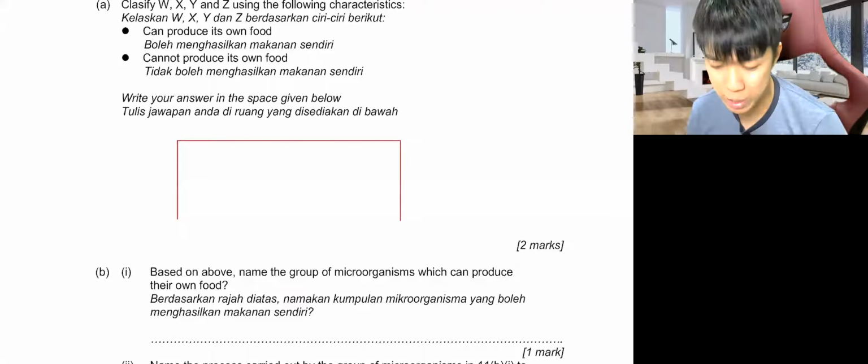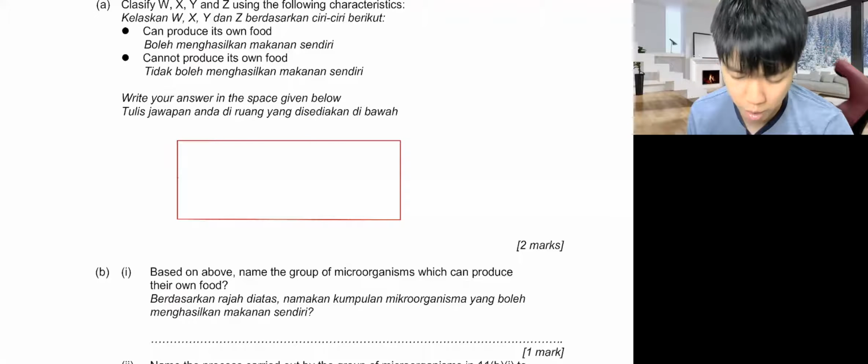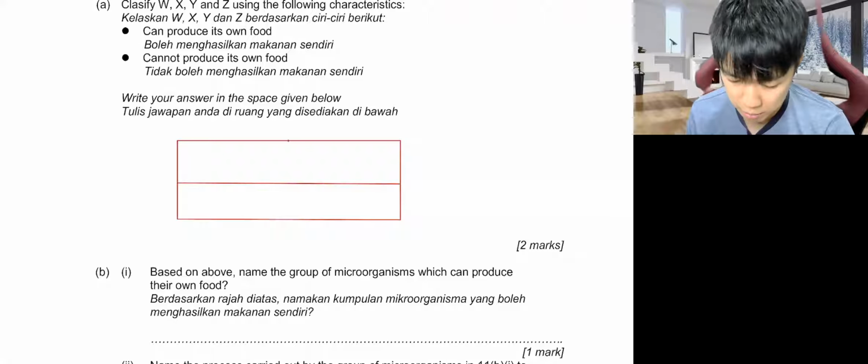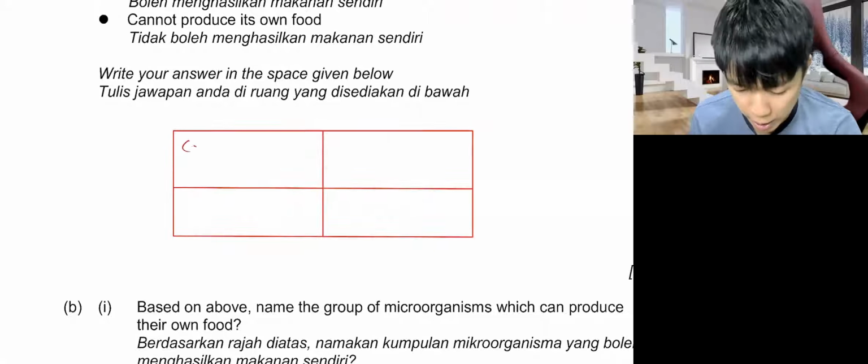Because you have to categorize those, I guess we form a box to present our answer. Okay, so I guess the left side goes to "can produce its own food", right?